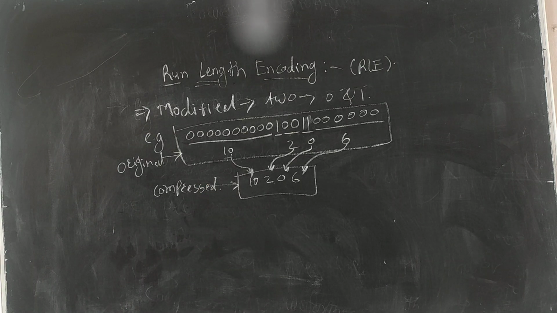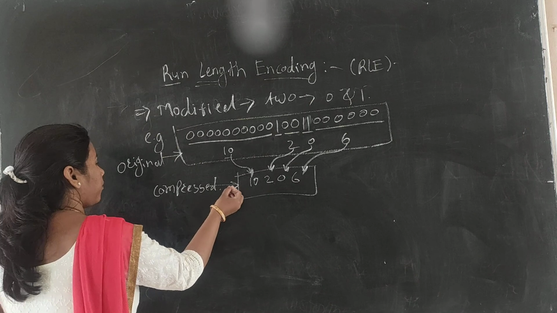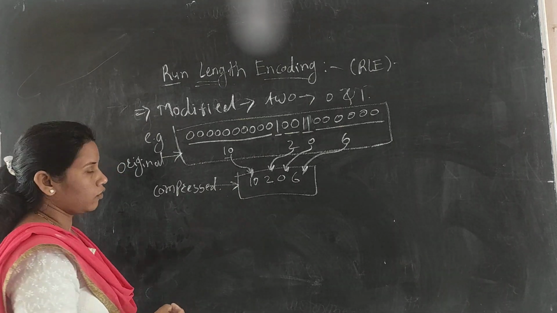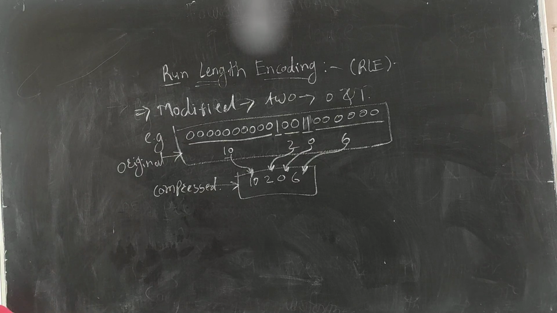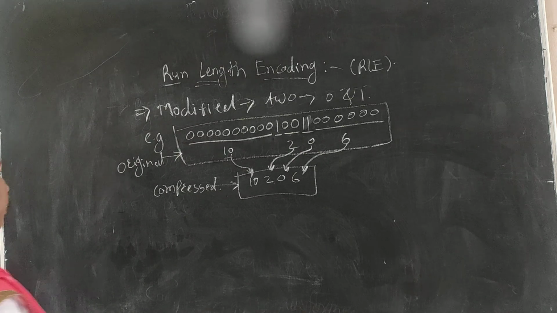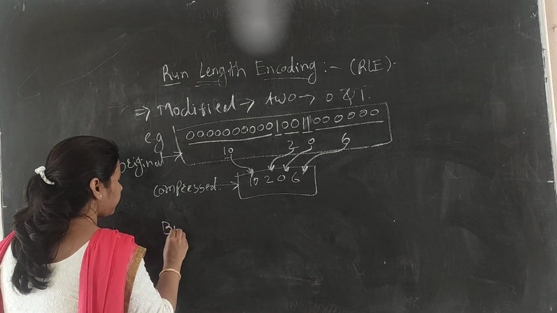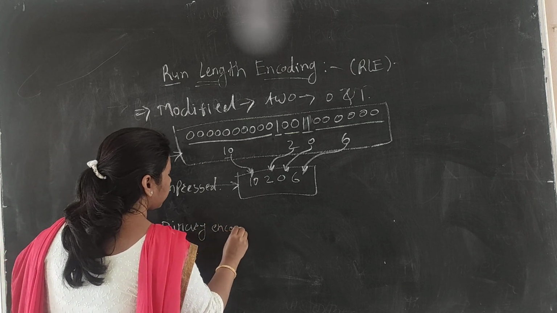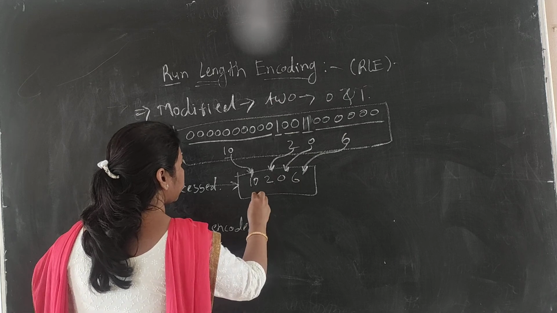Now it is possible to encode the compressed data into binary using a fixed number of bits per digit, as shown in the figure. That means whatever compressed data we have, we have to encode it. How can we encode this data in binary?